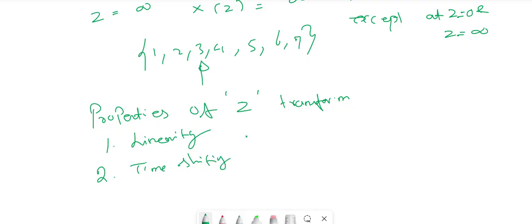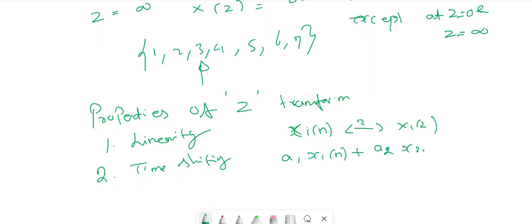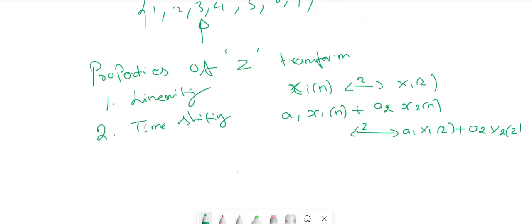If x1 of n has Z transform x1 of z, then a1 x1 of n plus a2 x2 of n, take Z transform, gives a1 x1 of z plus a2 x2 of z.